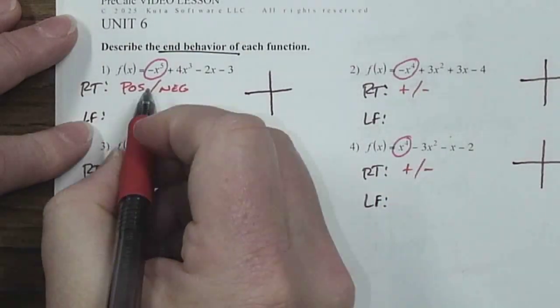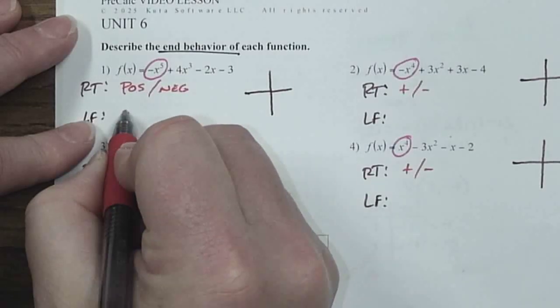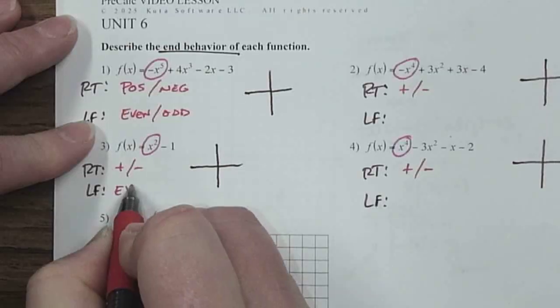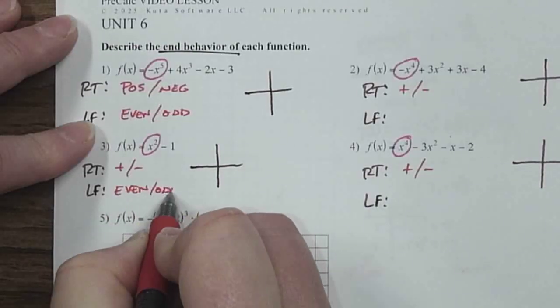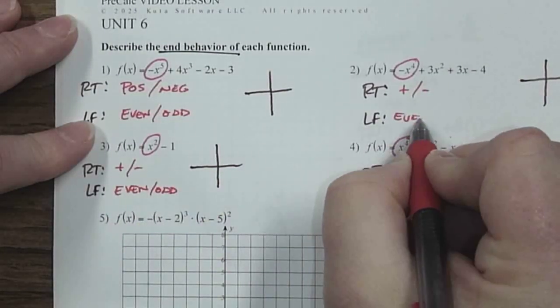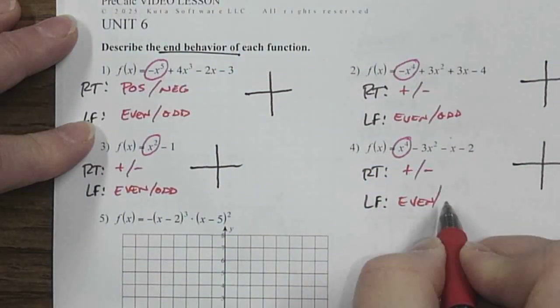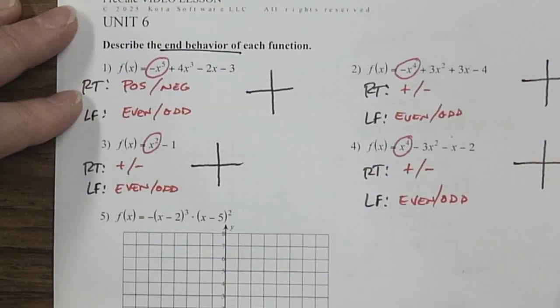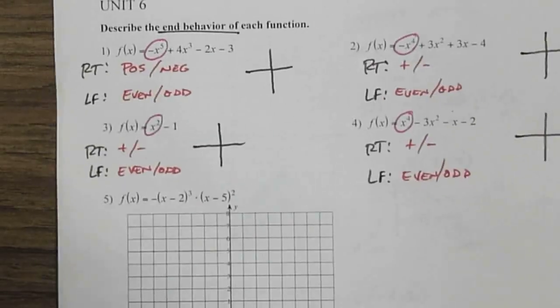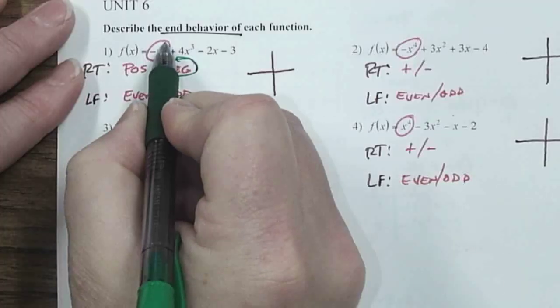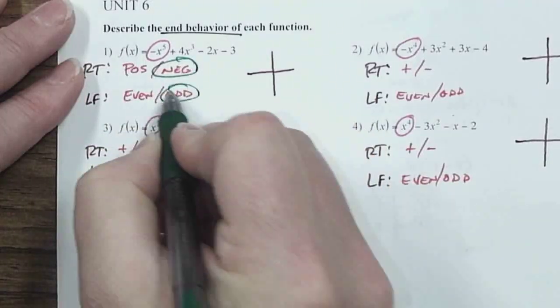And then for left, I'm asking, is it even or odd? And I'm only looking at that first term, so it's pretty simple to do. Is this positive or negative? Is this an even power or an odd power?